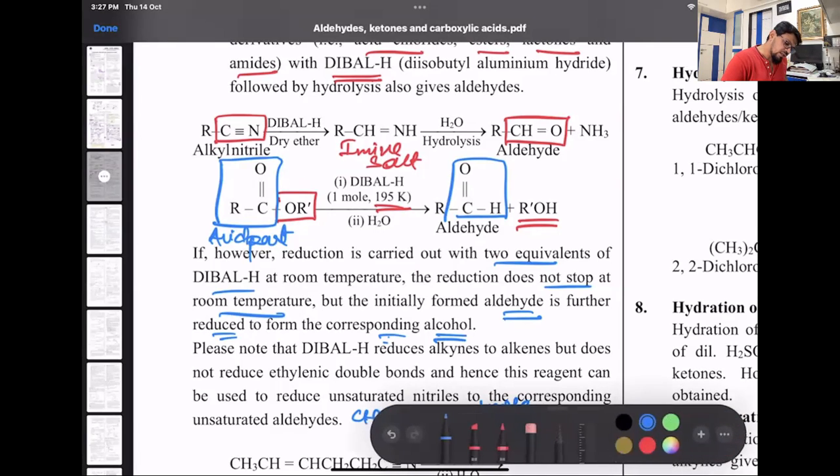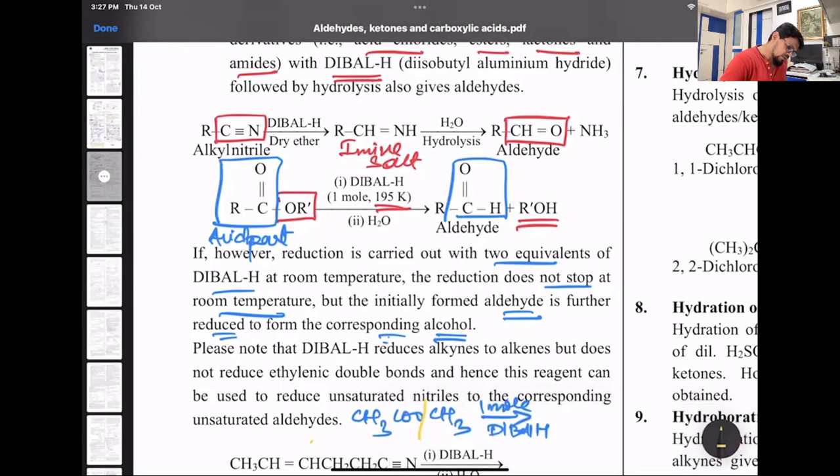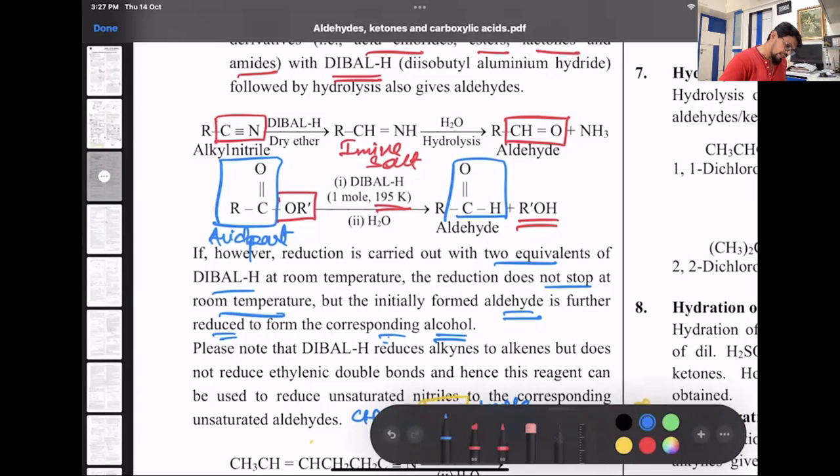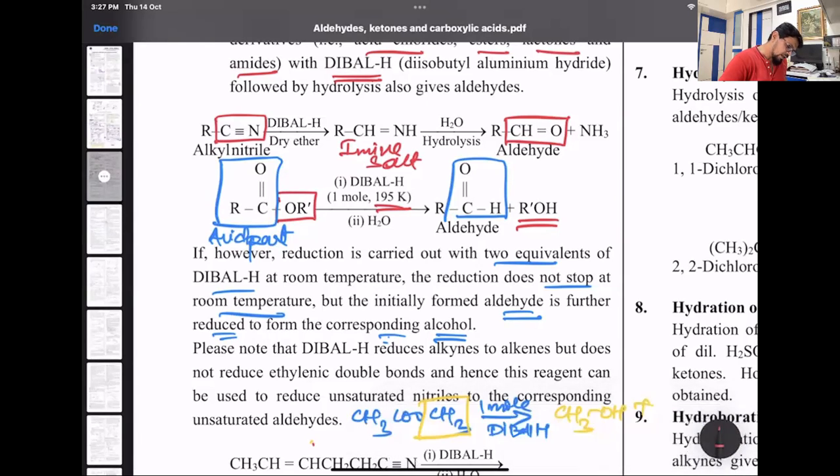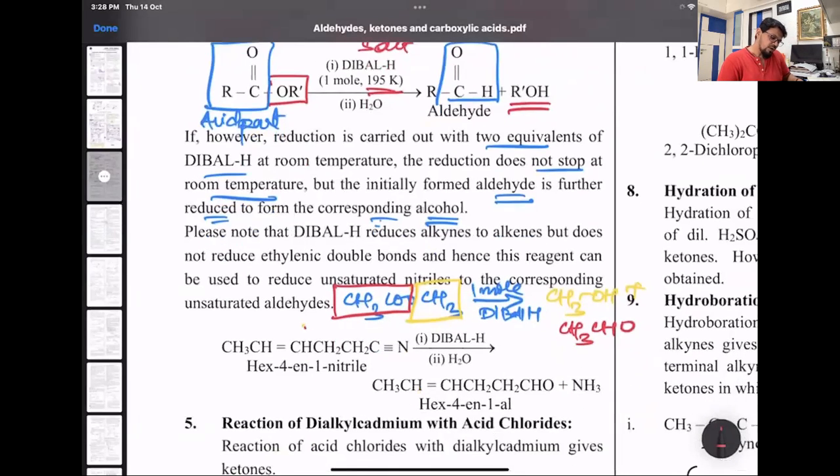This is going to be the methyl part, so this methyl will form its alcohol. And in the acid part, how many carbon atoms do you have here? 2 carbon atoms. So what is the aldehyde with 2 carbon atoms? Acetaldehyde.